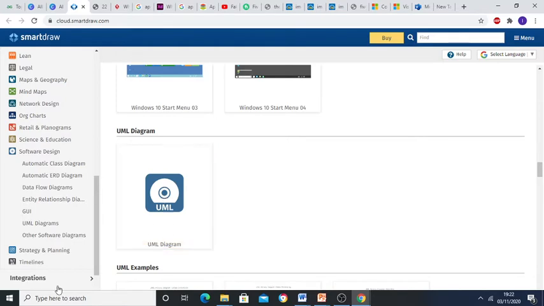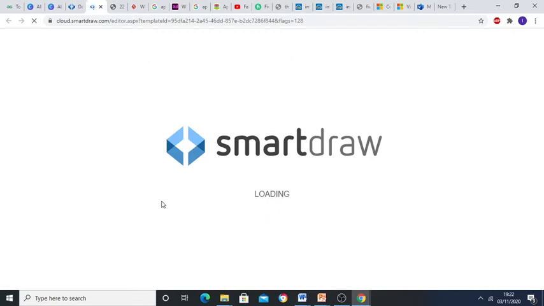On the left, we've scrolled down to UML diagrams. When I click on UML diagrams, something special is going to happen.